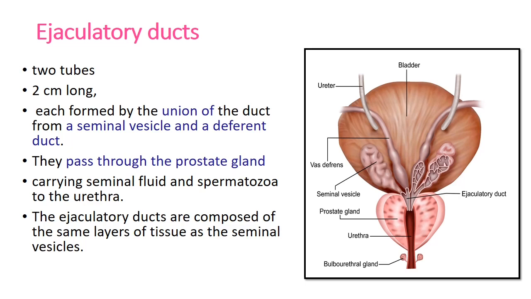They pass through the prostate gland, carrying seminal fluid and spermatozoa to the urethra. The ejaculatory ducts are composed of the same layers of tissue as the seminal vesicles.